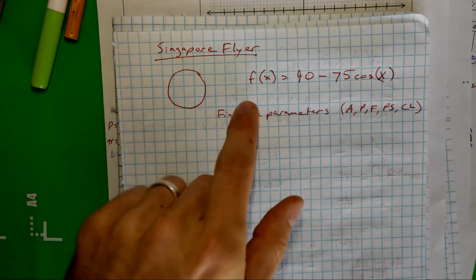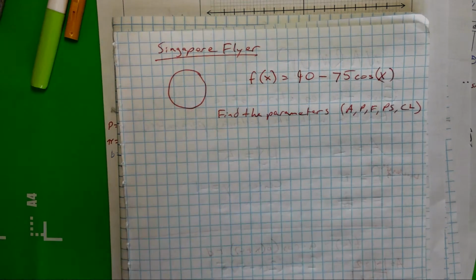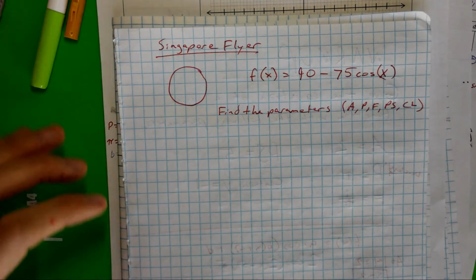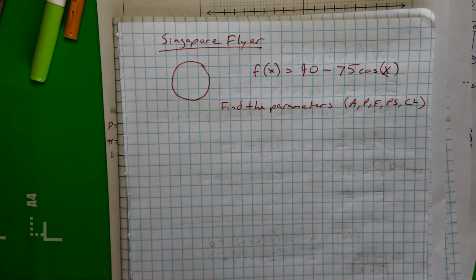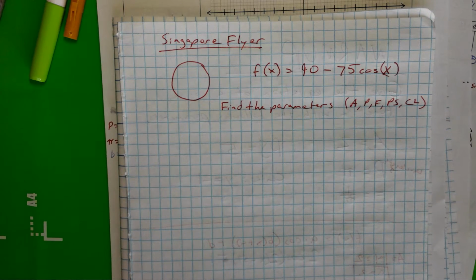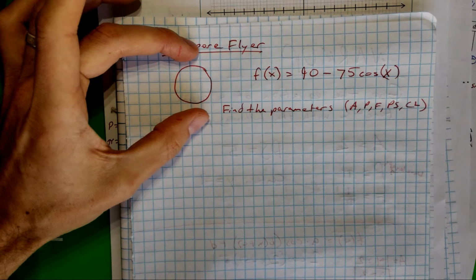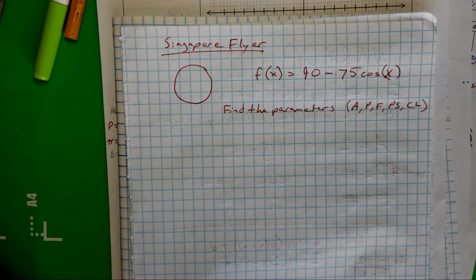So I want to find the parameters for this wave right here. And the reason I want to go back and look at this equation is because here the parameters have significance as far as the physical object that we were tracking. And so I want to try and make that connection.